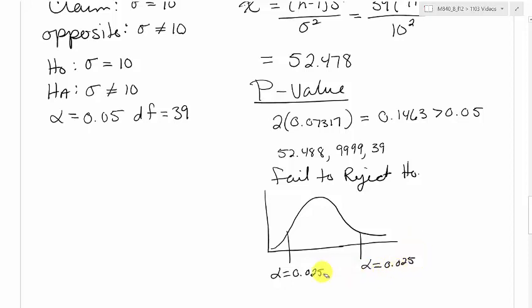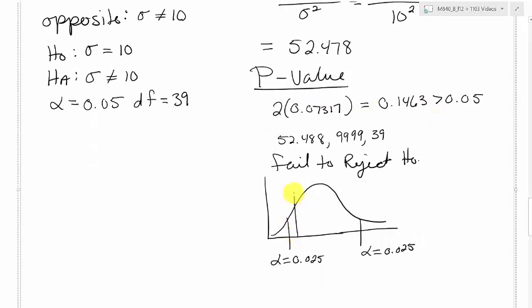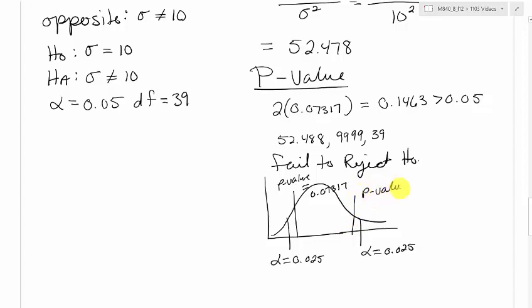So the weird thing about doing the graph with a two-tailed is that then you really need to take the number before you multiplied by 2, and that was 0.07317, and then put it over here as well. And over here, if you are not going to be using a graphing calculator, then we need to find our critical value. Our alpha level is 0.05.